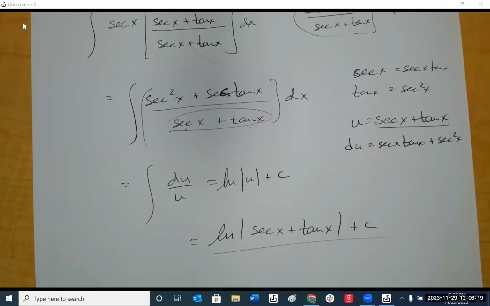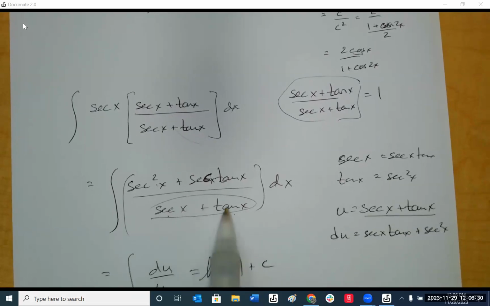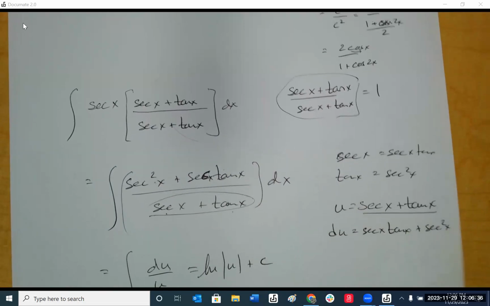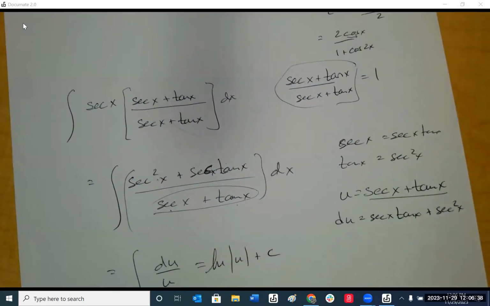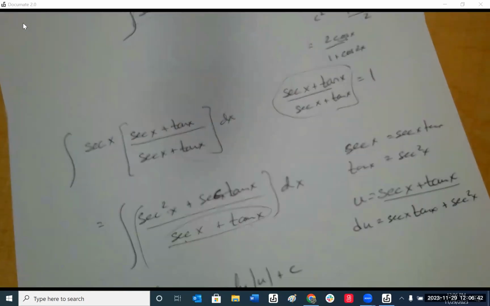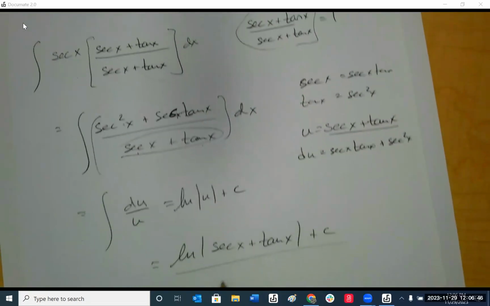Okay. So yeah, the hardest part there is what do you multiply by? I would have never thought about multiplying by this until I saw each of these. This is a sum of those two, and those are the derivatives. Wow, so you do have to try everything. So what was the final answer? It was ln u plus c.